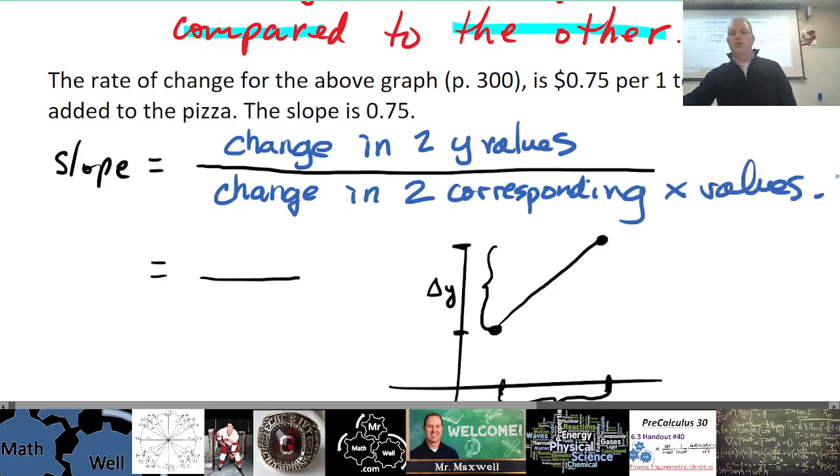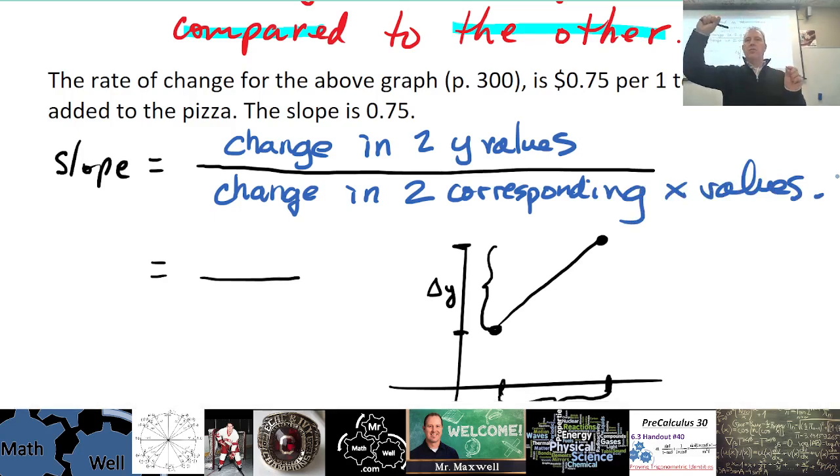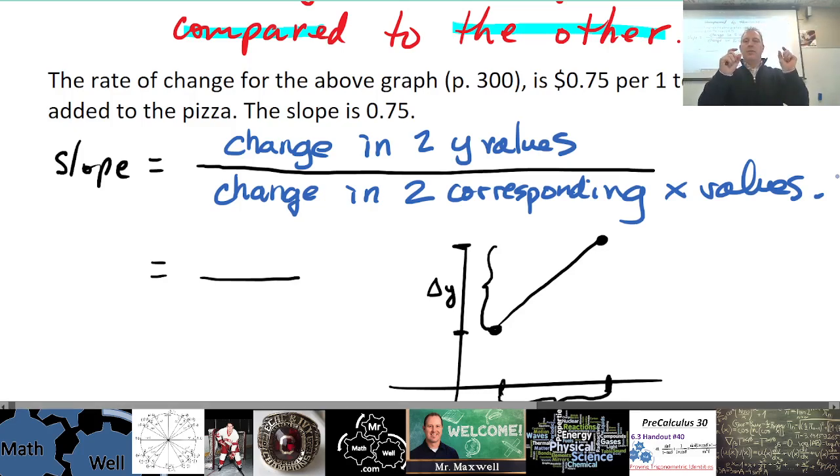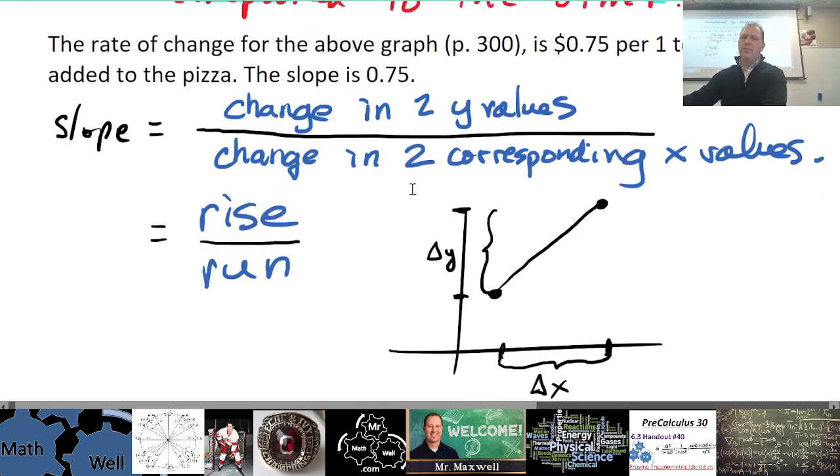Okay? So how do you calculate the slope? The change in 2 y values, any 2 y values that you would see on the graph. So the vertical change in 2 y values divided by the change in their corresponding x values, which is rise over run, which we just talked about. Also can be written this way.